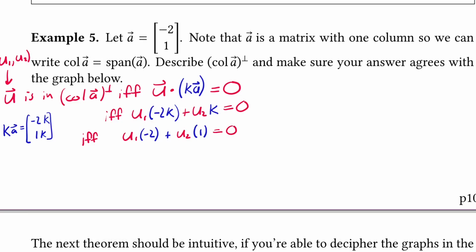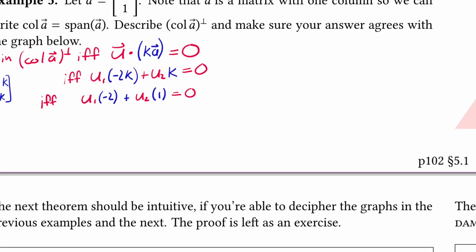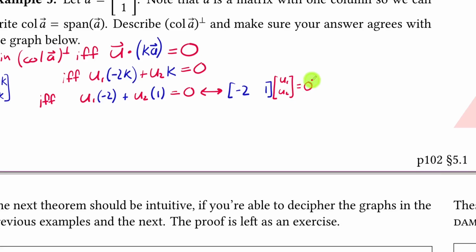Now, what I want to point out about this is, in other words, that if you take negative 2, 1 as a row and do that times the vector u1, u2, you get the 0 vector, the 1 by 1 0 vector, which is just the number 0. And that's the same thing.